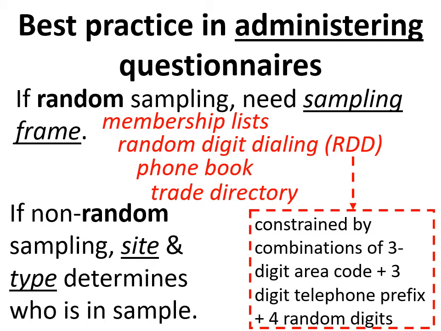If it's non-random sampling, then you don't really have a sampling frame per se, and instead the site and the type of sampling procedure that you're using is going to determine who ends up in your sample. But it's useful to think about these before you run out and start handing out survey questionnaires.